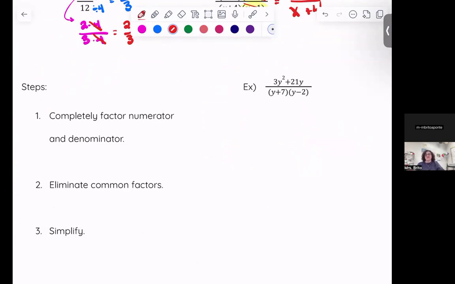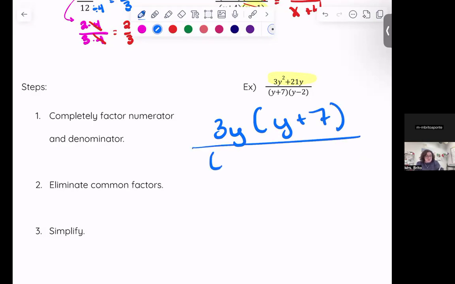The first thing we're looking at is the numerator, 3y squared plus 21y. We just spent some time looking at GCF, and I can pull 3y out of my numerator and have y plus 7 left over. My denominator is already nicely factored.